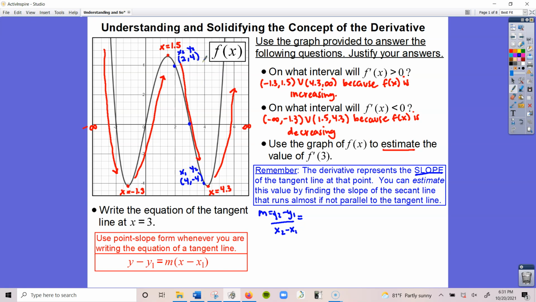So y2 will be 4 minus negative 4, which becomes plus 4, over 2 minus 4. 4 plus 4 is 8, divided by negative 2, which gives me negative 4. So this is my estimate for f prime of 3.